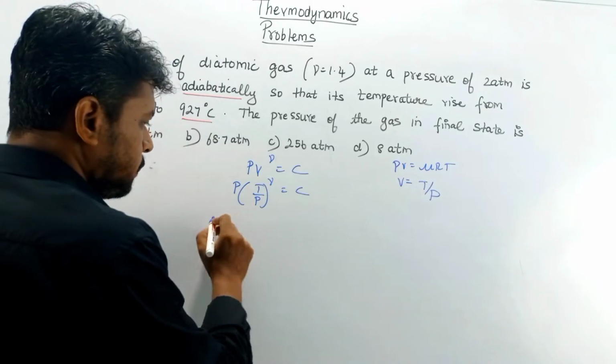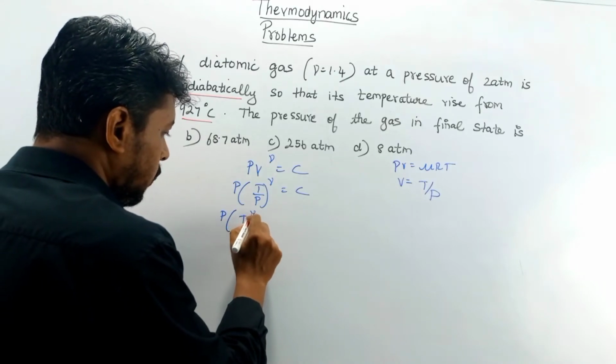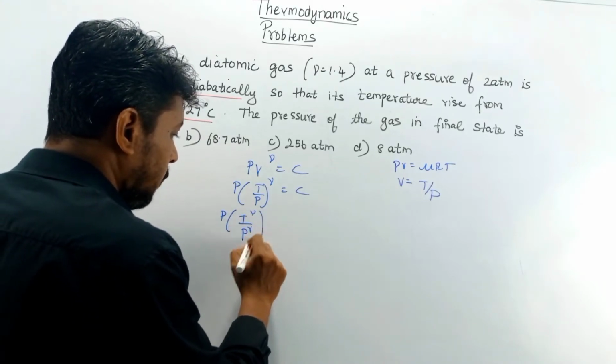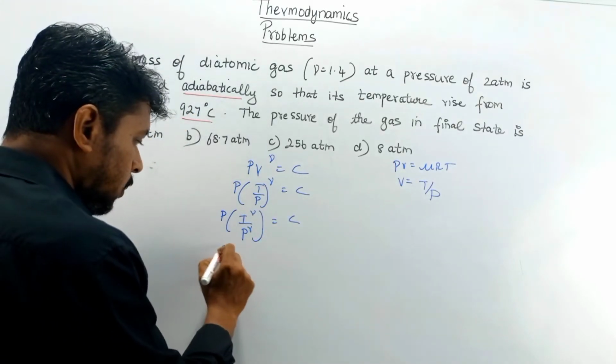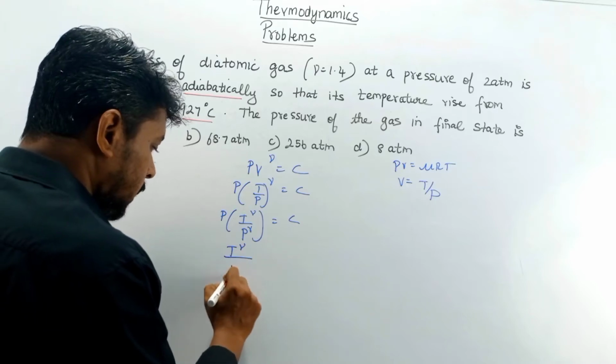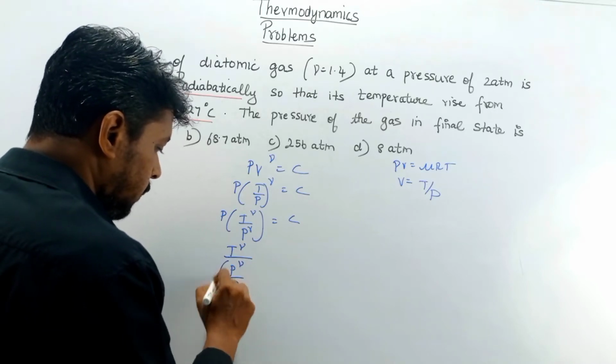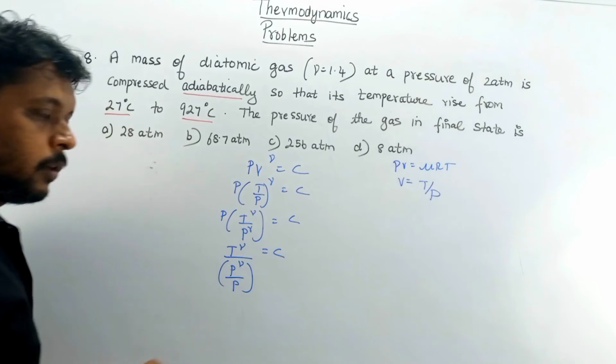So P into T to the power gamma by P to the power gamma is equal to constant. Now I am going to bring this P down to the denominator.